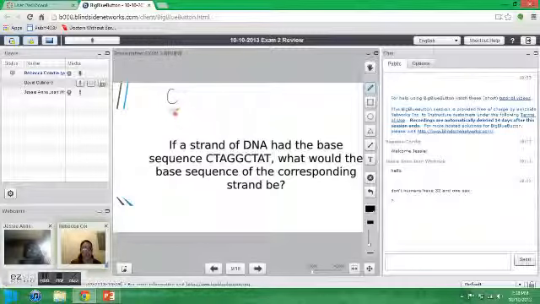Alright, so if a strand of DNA had the base sequence CTAGGCTAT, what would the base sequence of the corresponding strand be? So, the opposite of that? Yeah, the opposite. What we know about DNA is that the opposite of C is G. Always and forever.